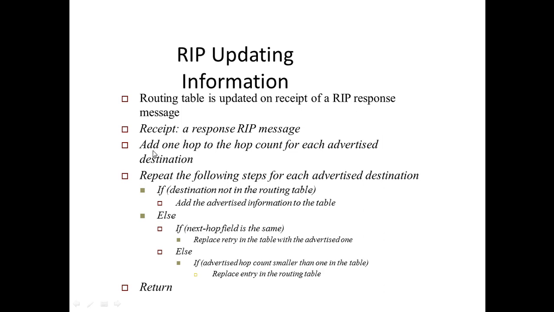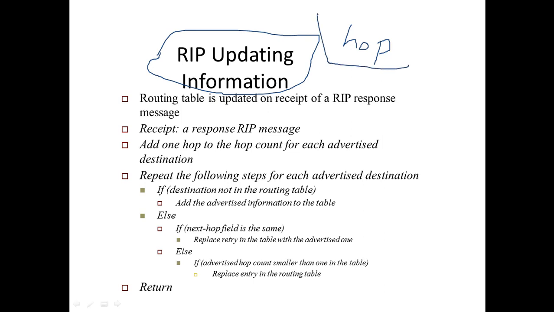You just have to count the hops. I have already told you that this protocol is just regarding the hop counts. So after every updating of the routing table, it adds or subtracts hops as well. If a device is no longer in the network, it will remove it as well.